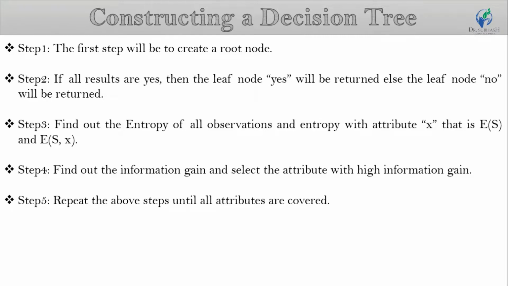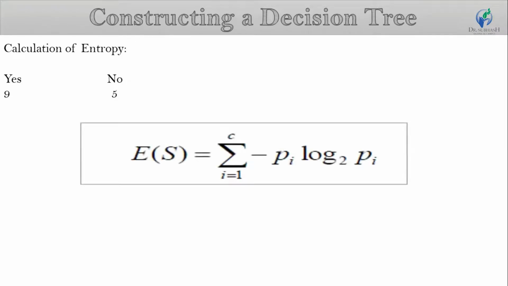Now we calculate the information gain. Our calculation of entropy is for our target class, play cricket. In that we have two values, yes and no. Yes occurs 9 times in that class and no occurs 5 times. Now we put these values in our equation. E of S is equal to the summation of i equal to 1 to c of minus p of i log base 2 of p of i.